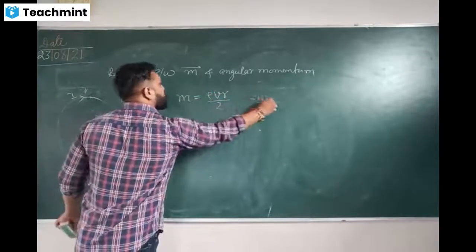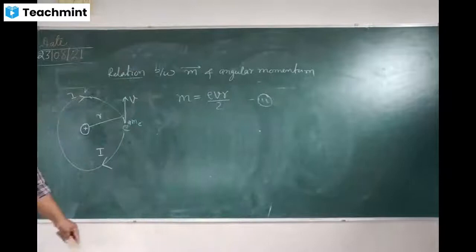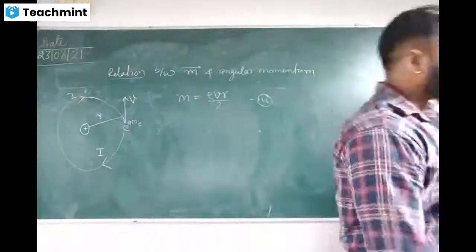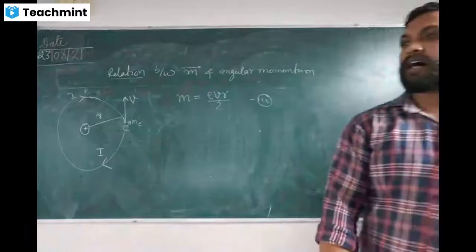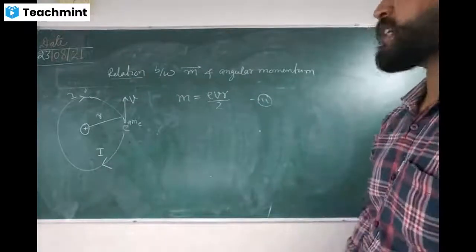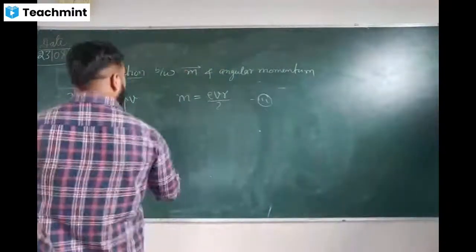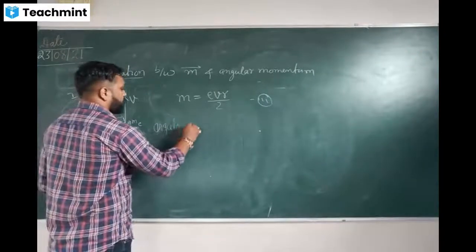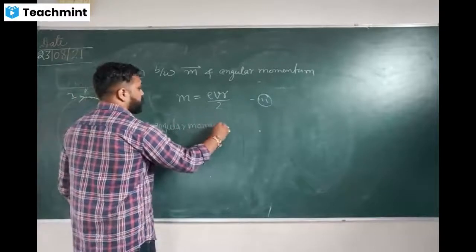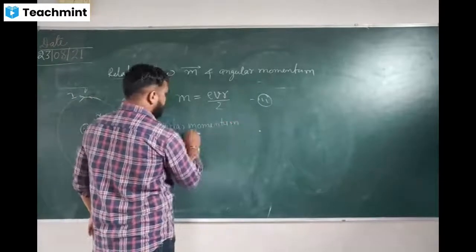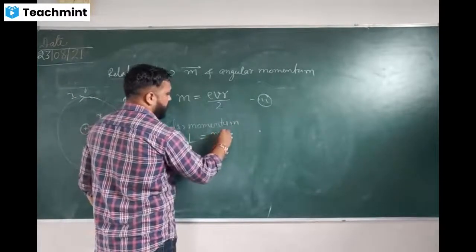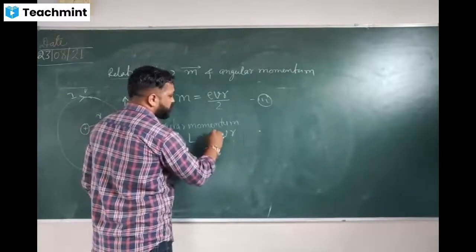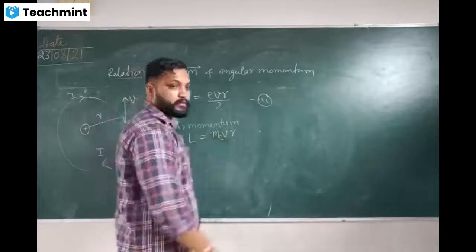This equation we have already known. Now, when an object of mass m is moving in a circular path of radius r with velocity v, then its angular momentum L is given by mvr. But here m is the mass of the electron, so I am writing it m_e.